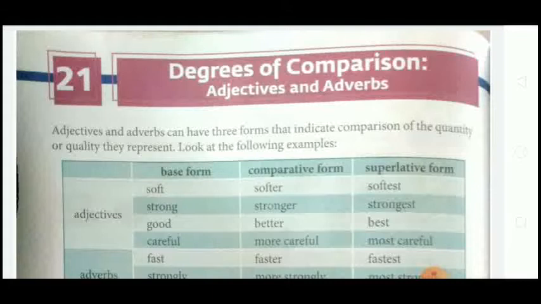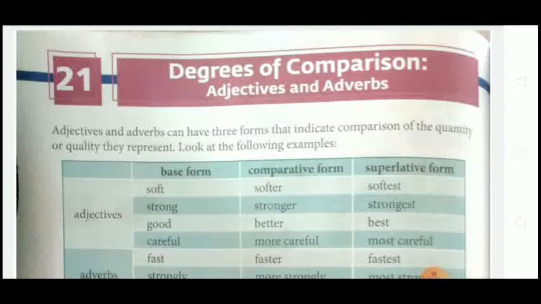Adjectives and adverbs can have three forms that indicate the comparison of the quantity or quality they represent. All the adjectives and adverbs have three forms, that is the basic form or positive form, the comparative form and the superlative form, and this shows their quantity or quality, whatever they represent.